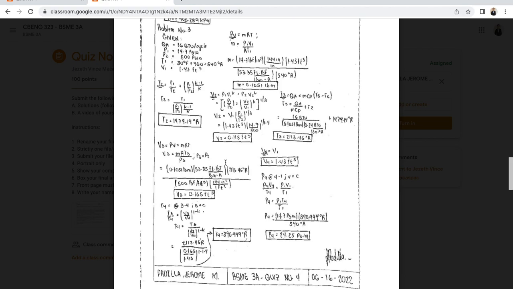For the mass, the value is 0.1051 pound mass.